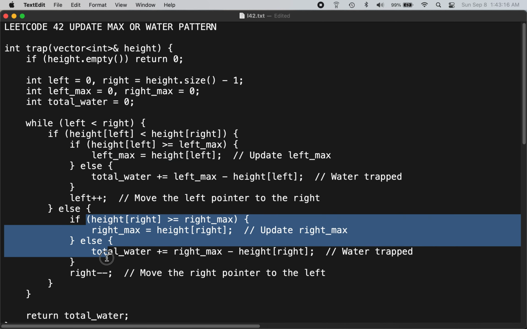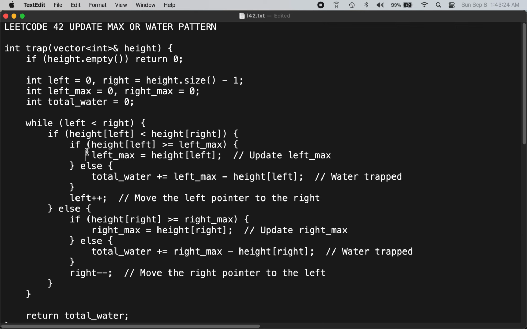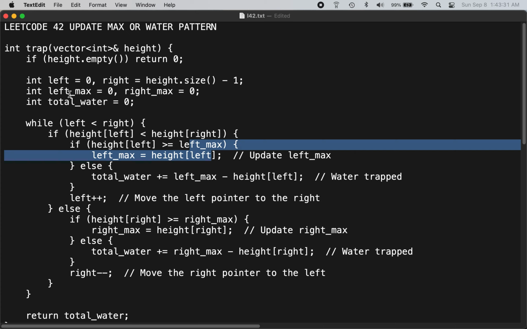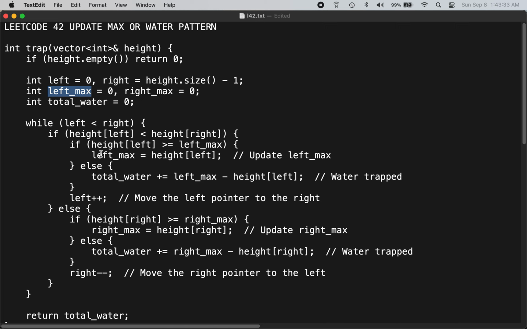Otherwise, you process the right side. If height of left is greater than the left max, which is initially 0, then you update the left max and then increment the left pointer.